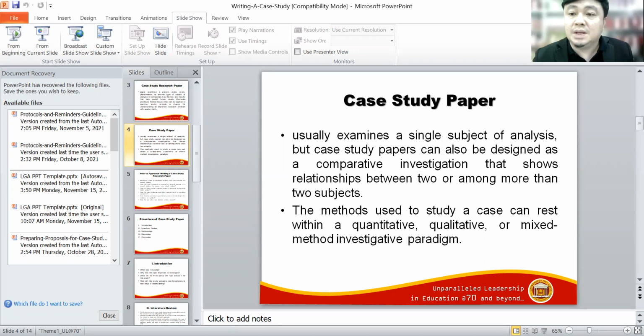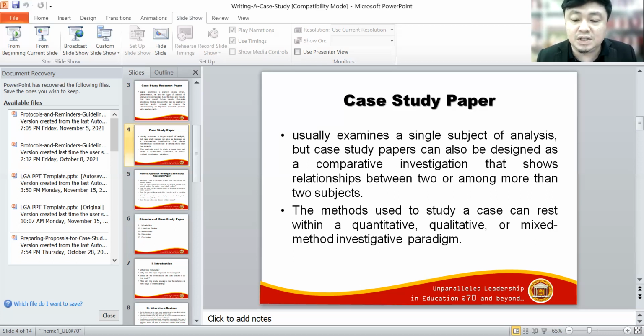Okay, so the section on methodology will discuss, among others, the right or appropriate choice of methods, depending on the type of the subject of analysis. So let's start with discussing what methodology may be required if your subject of analysis is an incident or an event. Okay, so let's begin with that.